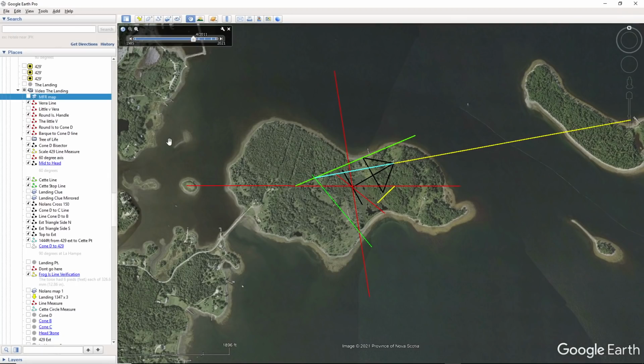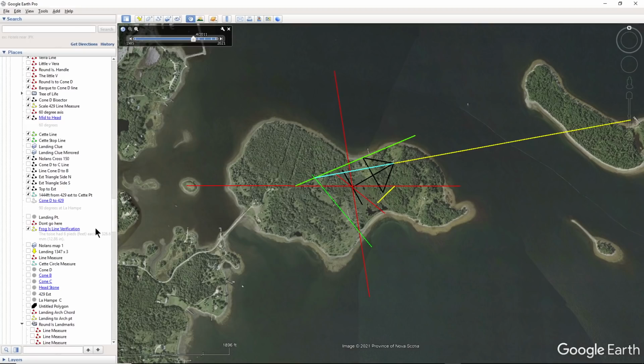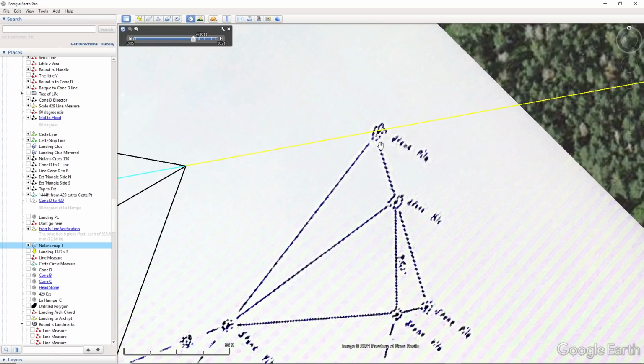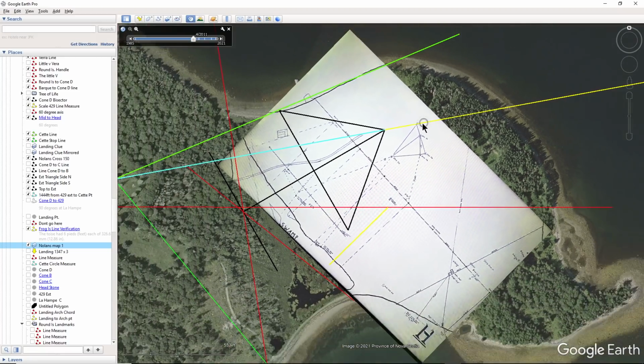I find it interesting too that Fred Nolan did a survey a while back in the 60s, I believe, or 70s. And I have an overlay of that map. And one of the stone piles that is on his survey goes directly through this line that comes off of Frog Island.